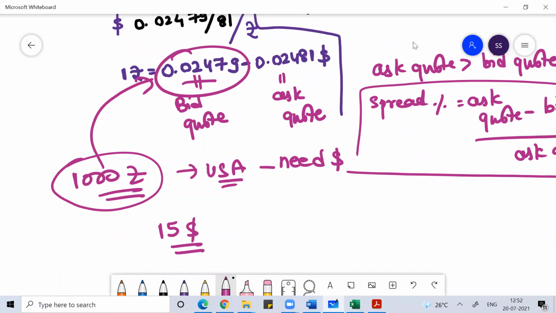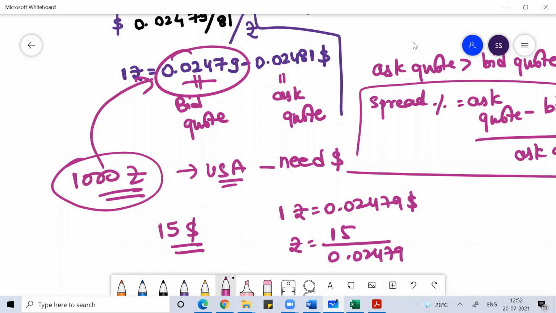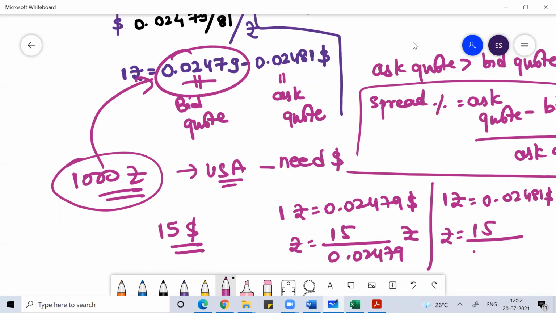If the bank gives you at 0.02479, it has to give you 15 divided by 0.02479 rupees. Or if the bank gives you rupees at 0.02481 dollar, that will be 15 divided by 0.02481.